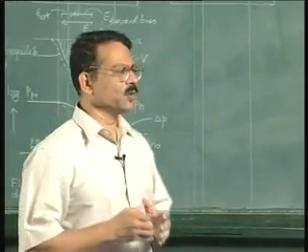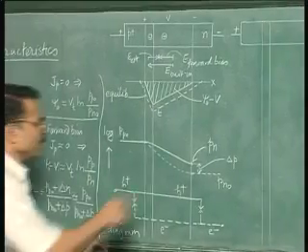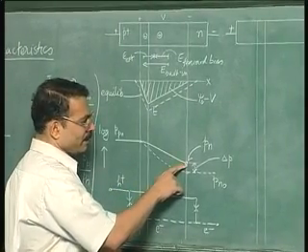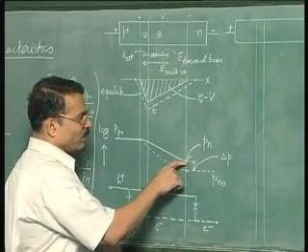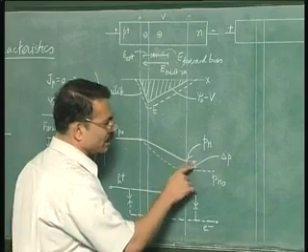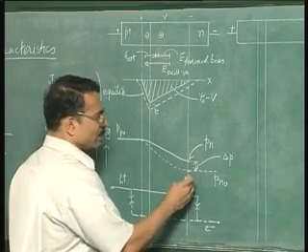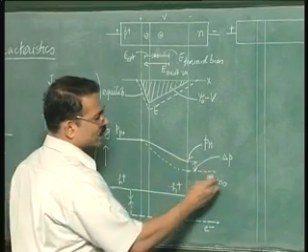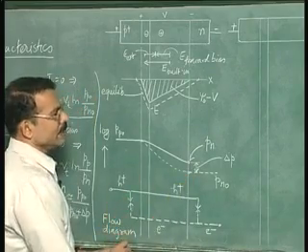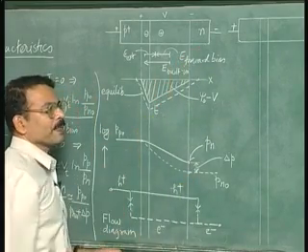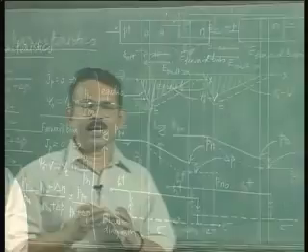In other words, therefore, we can say that beyond this point the hole concentration would decay exponentially to the equilibrium value. Please note that we have assumed this region to be very, very long, the n region to be very, very long, so long as compared to the minority carrier diffusion length.